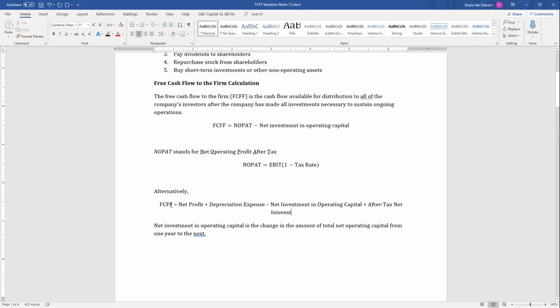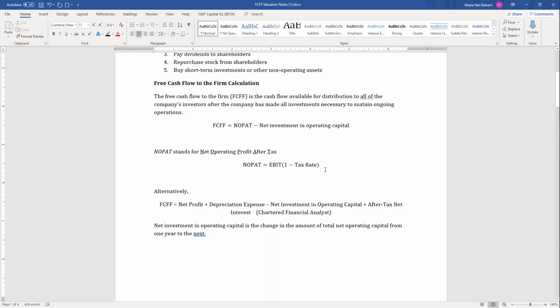This second equation is the one used by the Chartered Financial Analyst, or the CFA. That organization is kind of the gold standard in terms of financial analysis. You should get very, very similar results if you use either way.